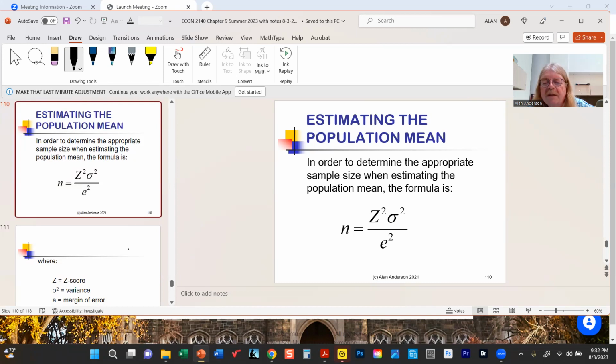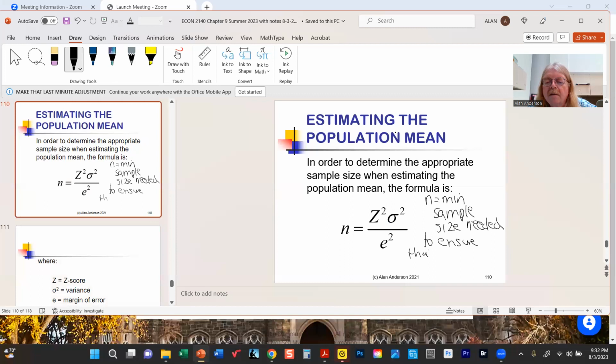So what this N represents is the minimum sample size needed to ensure that the margin of error is less than or equal to this E that you see here. So think of that E as our target margin of error.